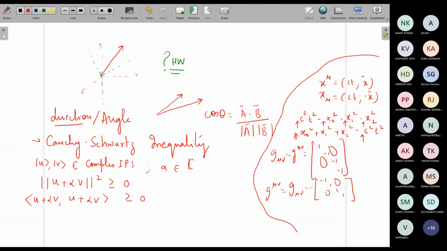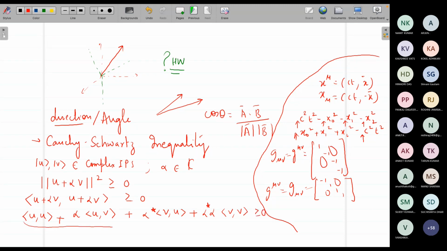Now expand this bracket in the manner in which you know it. So (u, u) plus alpha (u, v) plus alpha conjugate (v, u) plus alpha conjugate alpha (v, v) should be greater than or equal to 0.